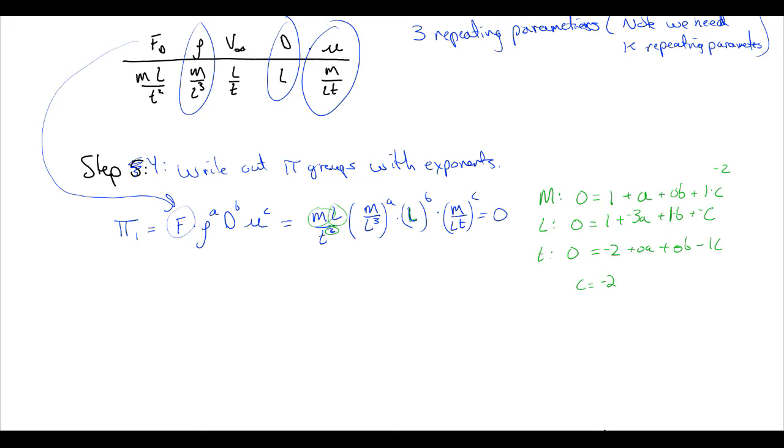And if we plug 1 in here and a negative 2 here, we have negative 3 plus 2 gives us negative 1. That means B is equal to negative 1 plus 1 is 0. Oh, B is equal to 0.